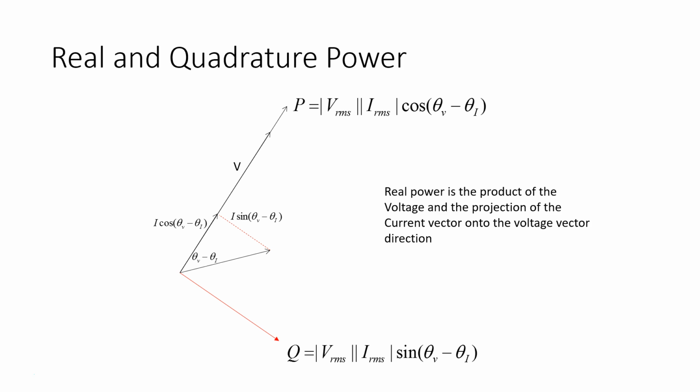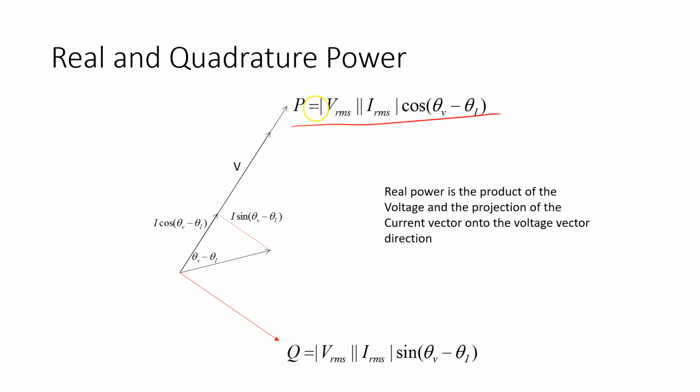I can represent that on a diagram. If I had V and I, it means then that this average power, which is VRMS, IRMS, cosine theta V minus theta I, is the product of the voltage and the projection of the current onto the voltage direction.